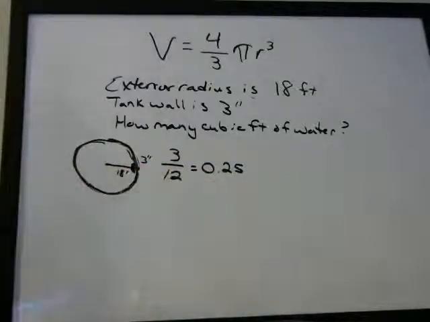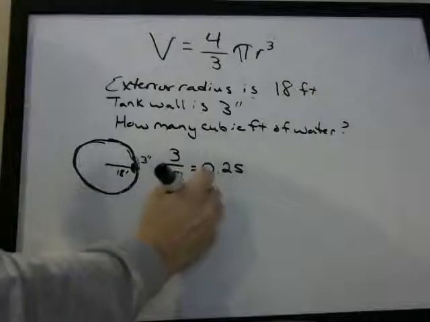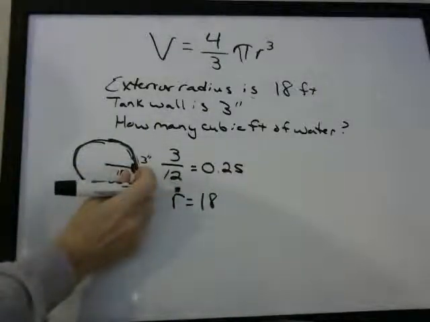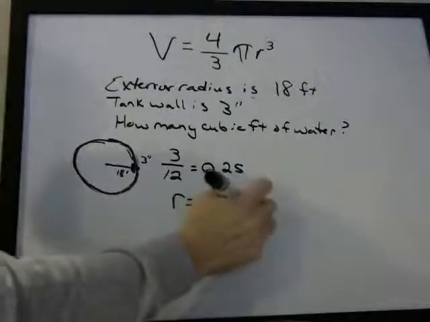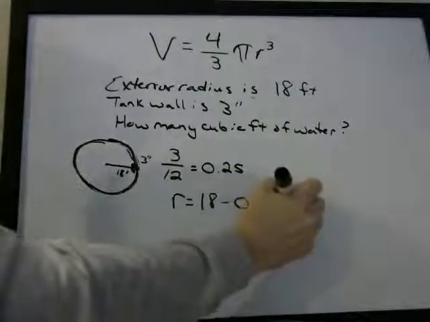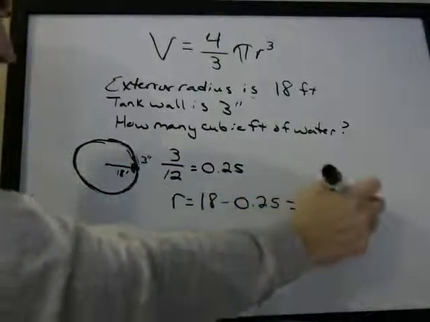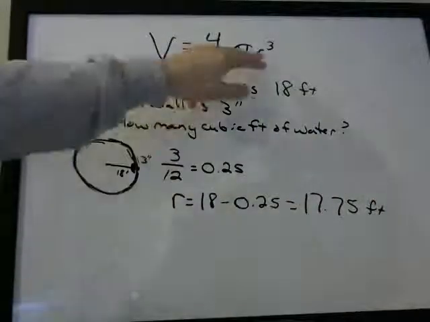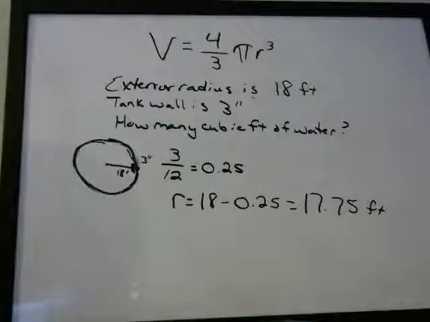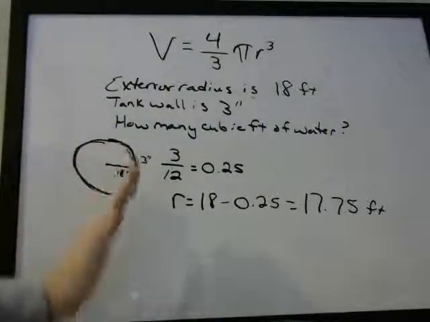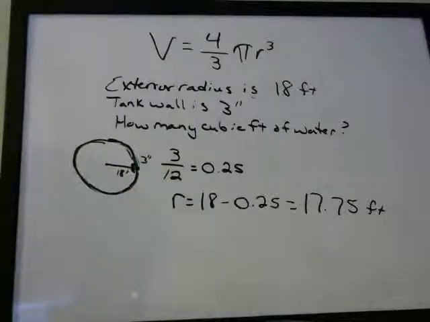So our radius now is going to be 18 feet all the way to the end, the outside, minus the thickness of the wall. We're going to subtract that off, and we're going to get 17.75 feet. That is the radius we're going to use in this question. So it's like we have this ball.